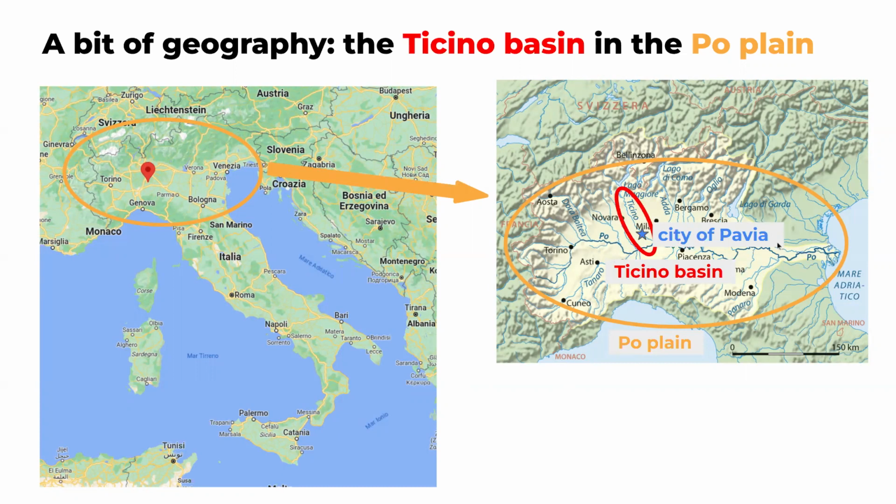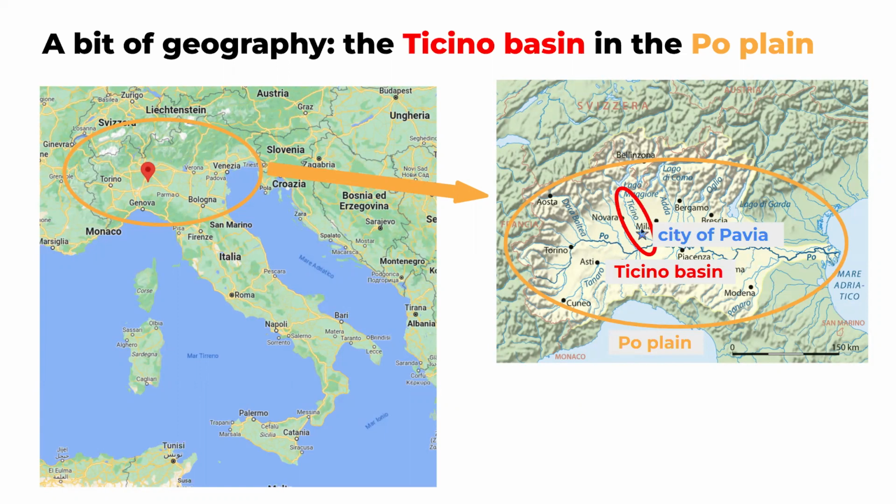It's the largest and longest river of Italy, and we're considering the plain in which the river flows, and in particular one of its tributaries, the Ticino River. It's this river here in the red ellipse on the right.